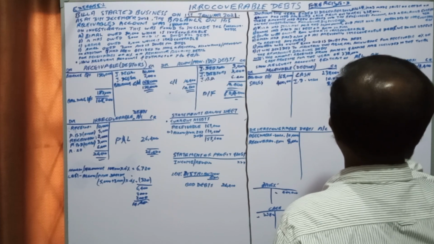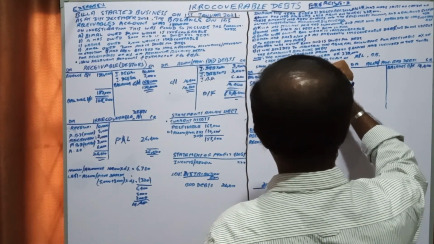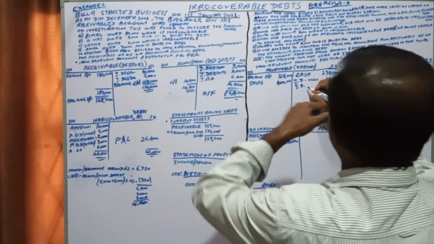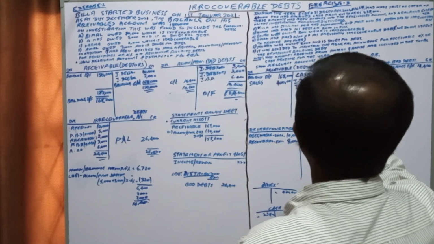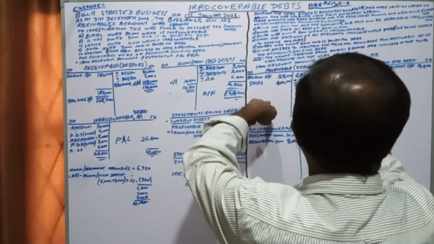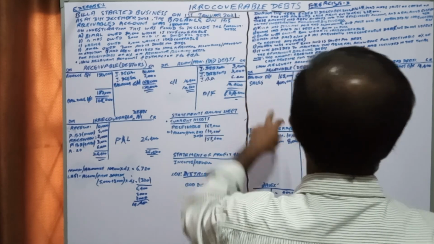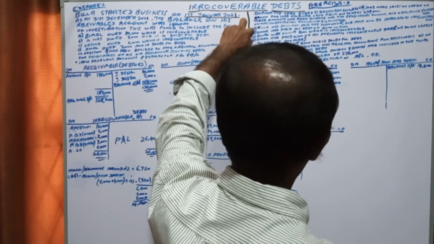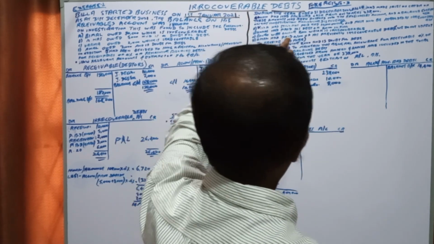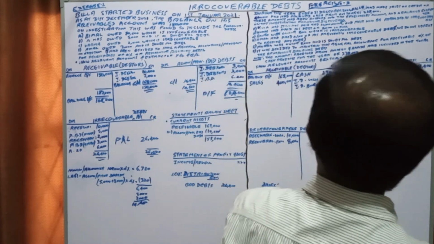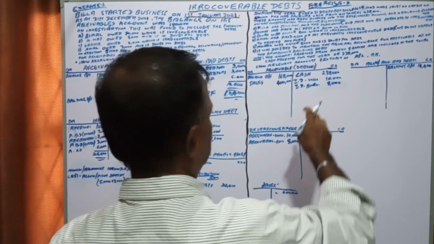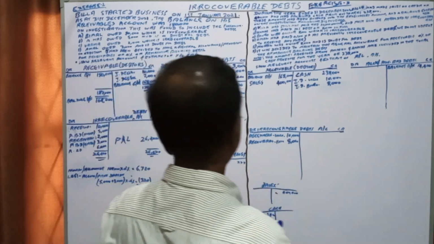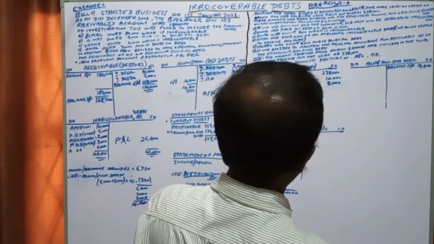Irrecoverable debts debited 8,000, who is that? Bingo. This adjustment we will say. I think this won't have any effect. Bingo was owing 8,000, which is irrecoverable. We made it irrecoverable in the sense the receivables account is credited and the irrecoverable debts account debited.